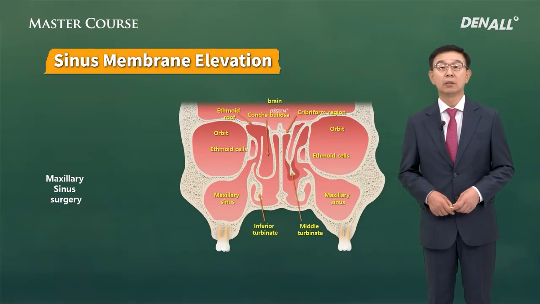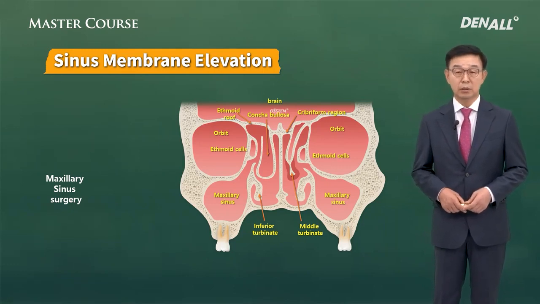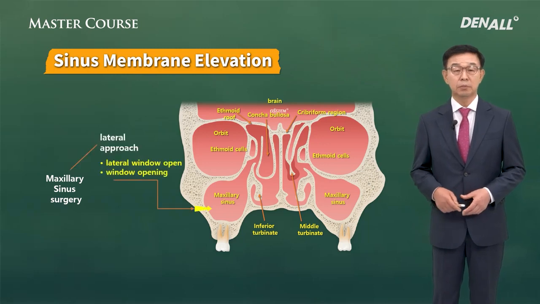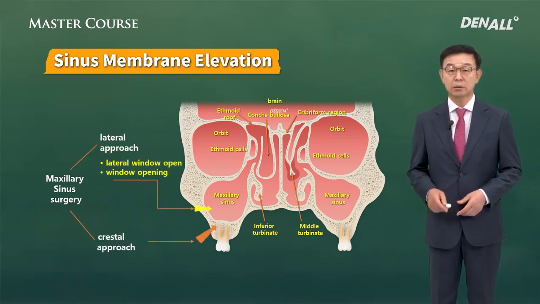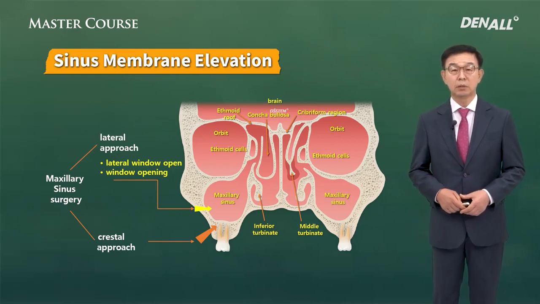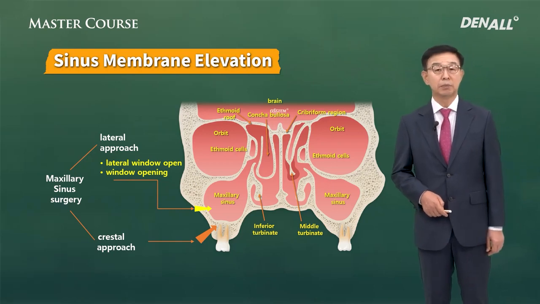Let me first talk about the sinus floor elevation. If there is a lack of alveolar bone, you can do the lateral approach or the crestal approach to do a sinus lift. At times, bone graft may be done as the implant is placed.